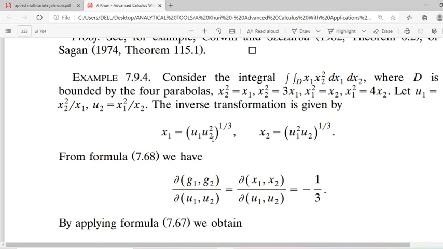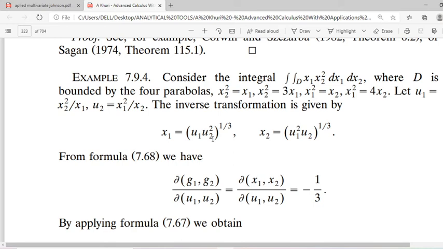Let u1 equal to x2 square by x1 and u2 equal to x1 square by x2. That is the transformation.